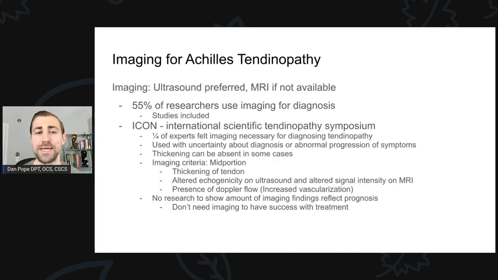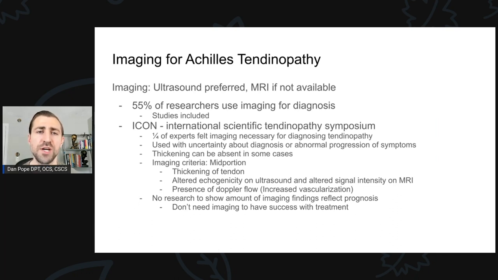So, should you use imaging for Achilles tendinopathy? All right. So, in the Achilles, the preferred diagnosis is going to come from ultrasound imaging. Okay. If you don't have access to ultrasound imaging, then MRI is probably your next best option. However, ultrasound works well and it's cheaper. MRI is more expensive, right?